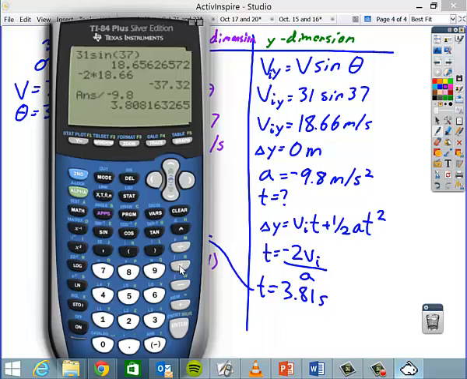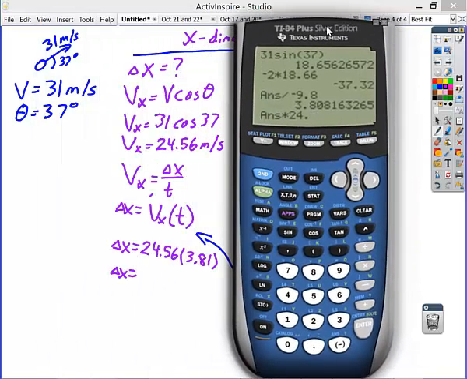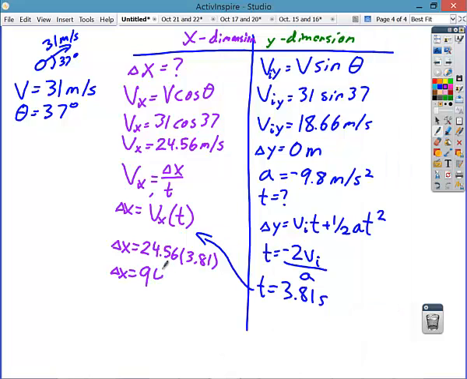Well, that's not right. 94.3 is what you got? Okay. All I did was not round, so that's the difference, but 94.3 meters works out. Same thing.